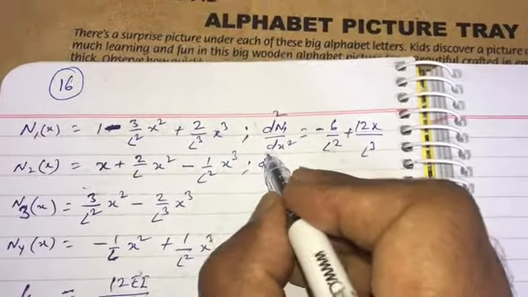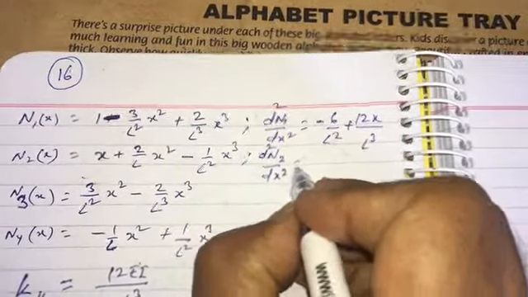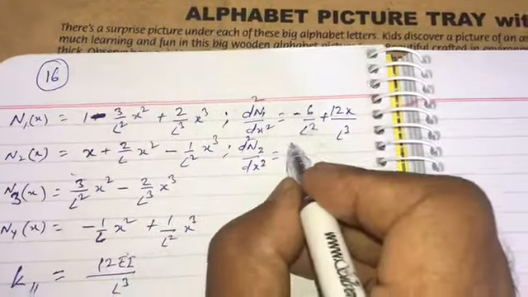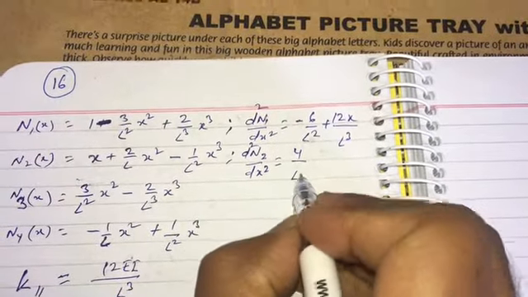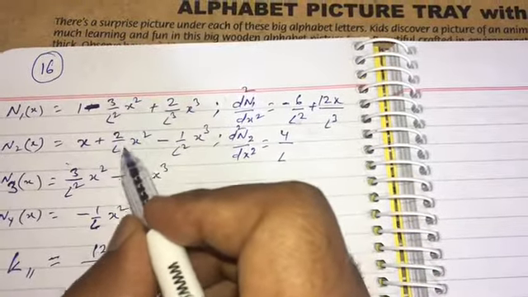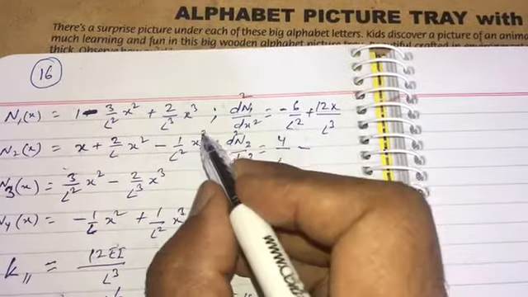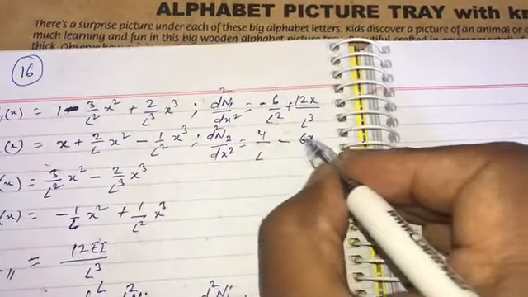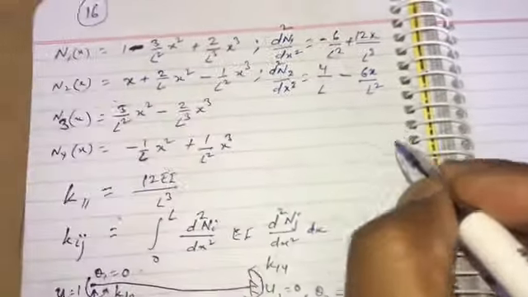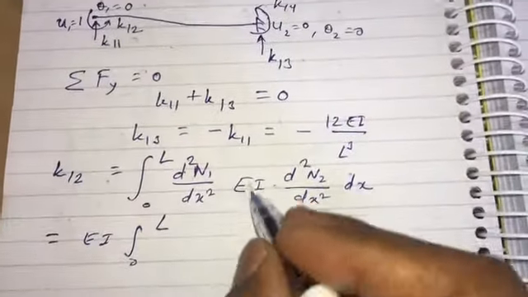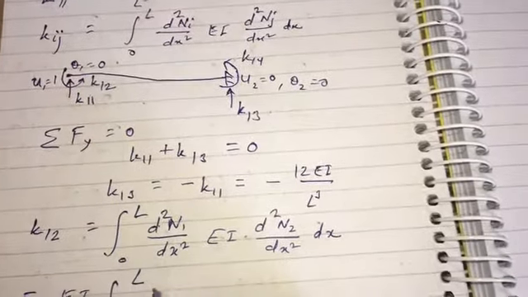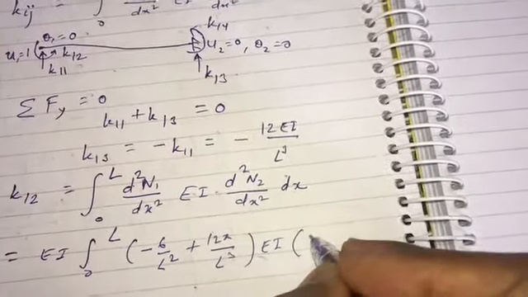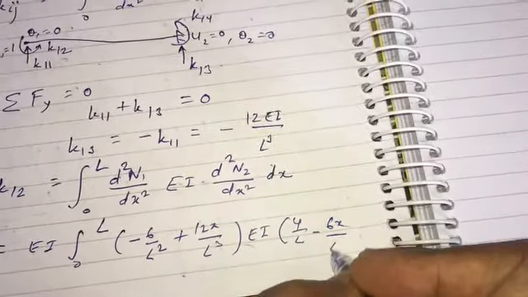Similarly, d square N2 dx square becomes 4 over L minus 6x over L square. So we have minus 6 over L square plus 12x over L cube, then EI, then 4 over L minus 6x over L square, dx.